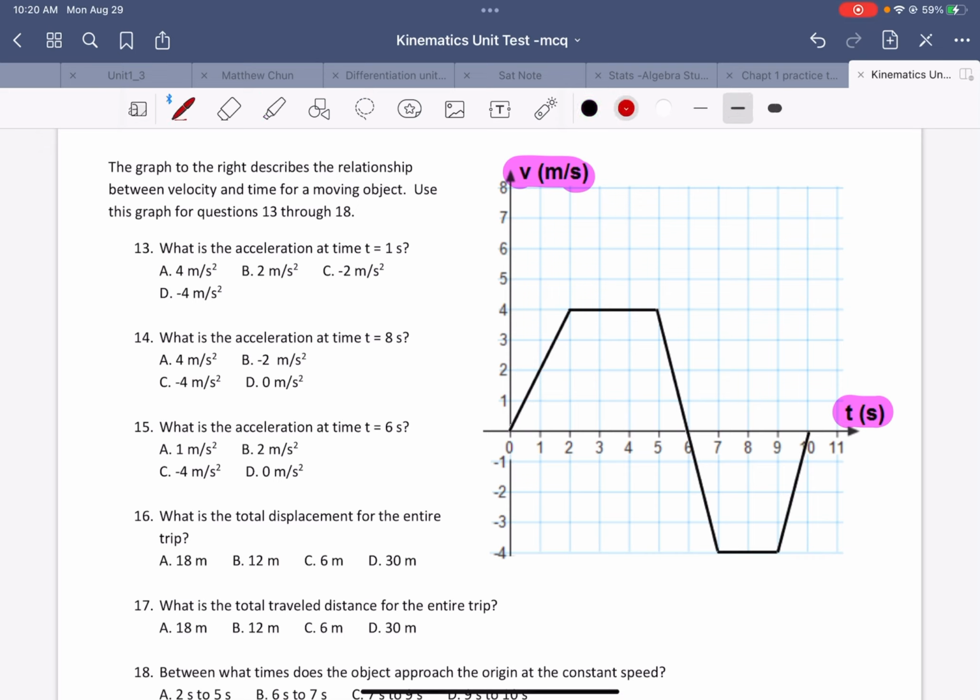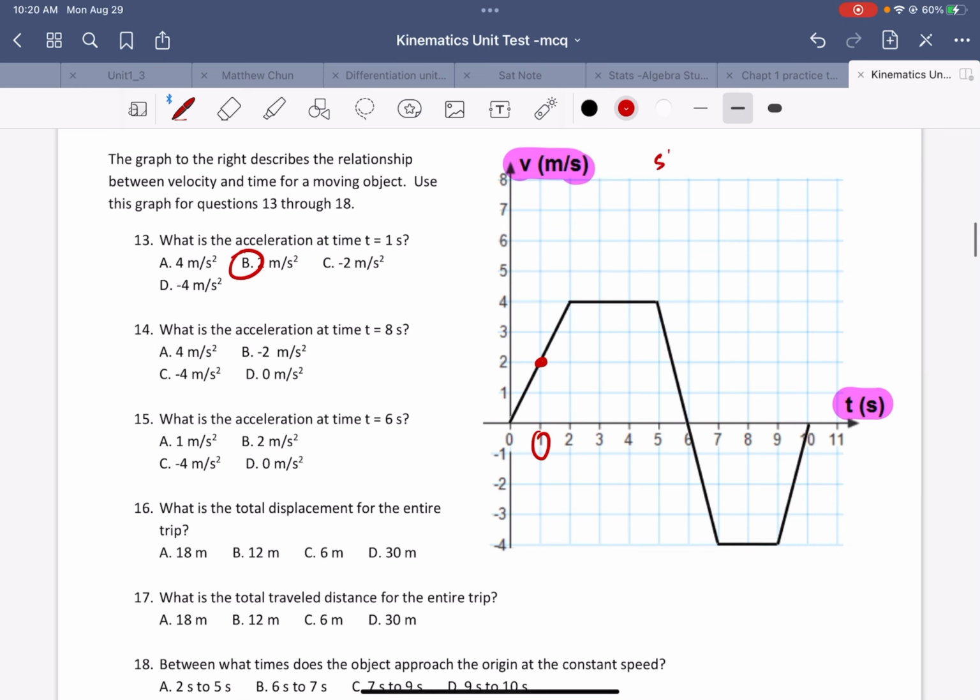So keep in mind, the slope of this one is acceleration. What is the slope at t equals 1 right here? At t equals 1, the slope is 2/1, so 2. And it's going up, so positive 2 meters per second squared. Okay, so remember that. Let me write down here: slope of v-t is acceleration.